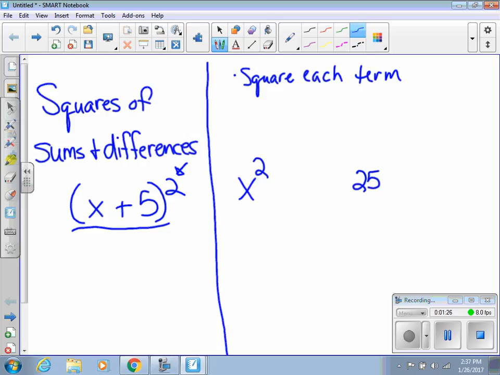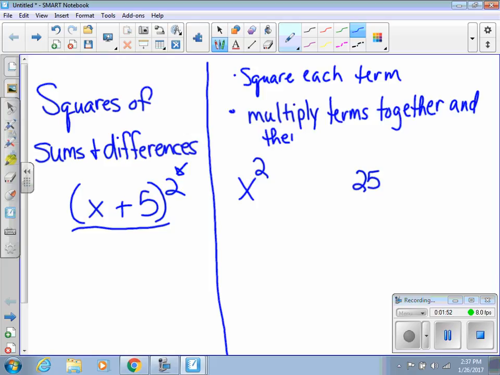And in the middle, you are going to multiply the terms together. And then multiply by 2. Okay, so the terms, if I multiply them together, are 5 times x times 2 is 10x.